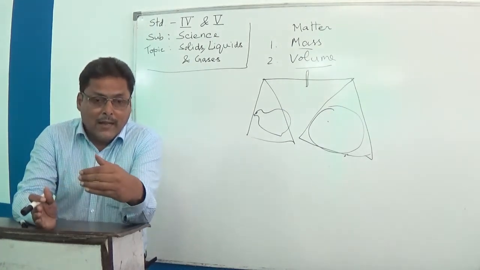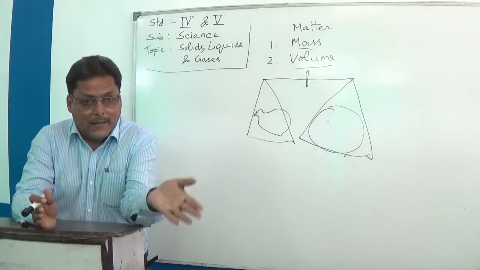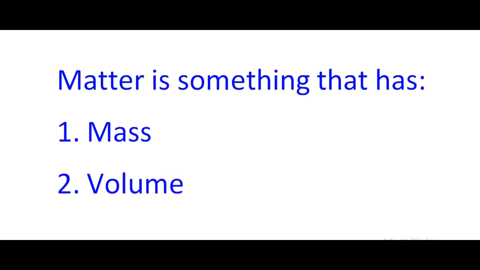But before that, look at the slide about what is matter. Matter is something that has mass and also volume. It must contain some material, has some weight, and also it must occupy some space.